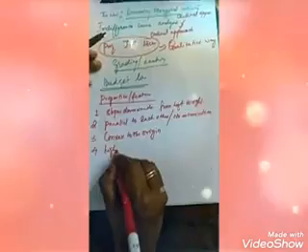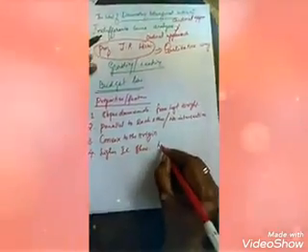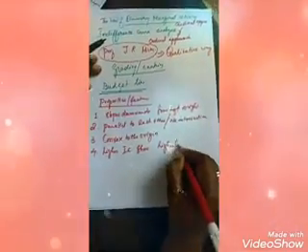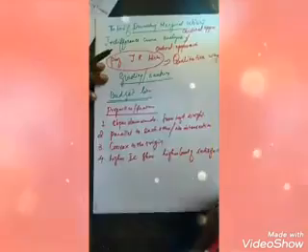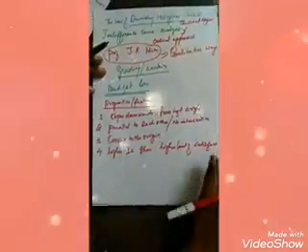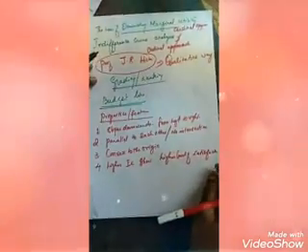The fourth is that a higher indifference curve shows a higher level of satisfaction. It's a very important question. So what are the properties of the indifference curve? It slopes downwards from left to right, the curves do not intersect, it is convex to the origin, and the last one is that a higher indifference curve shows a higher level of satisfaction.